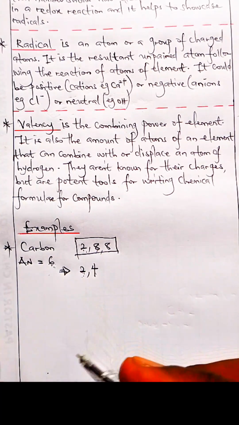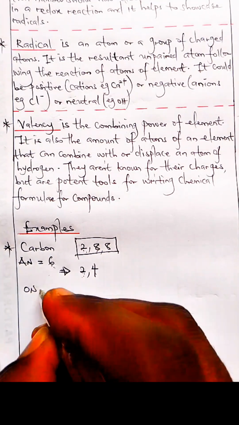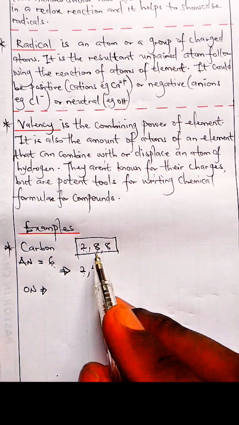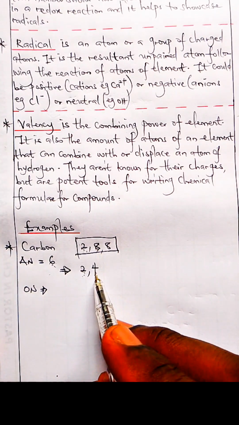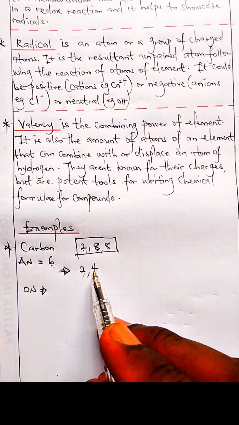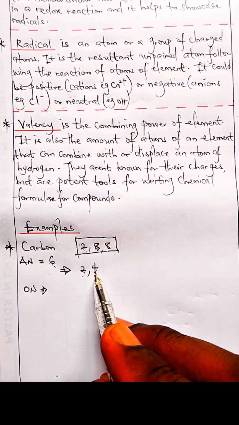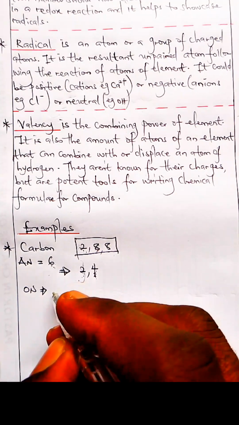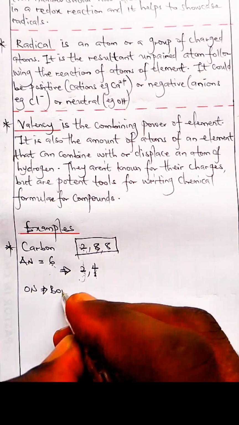So it means the oxidation number for carbon is this. Carbon has to borrow 4, that means bring in 4 electrons, to become balanced and complete the second shell, or it has to give away these extra 4 electrons to be left with just 2 electrons in the first shell.